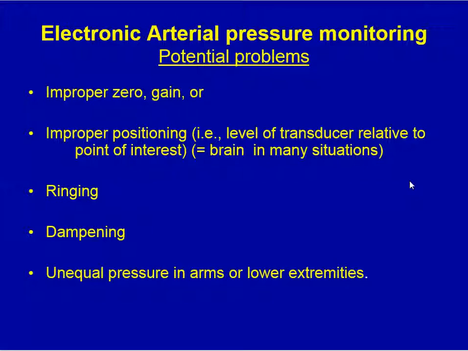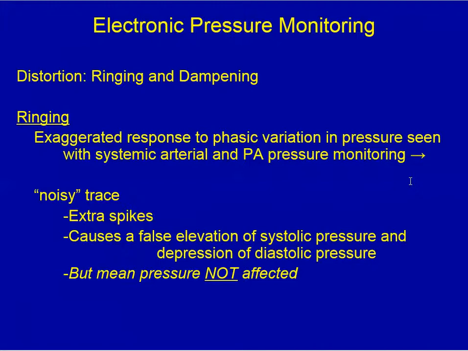One is improper zeroing and setting of the gain, which I've talked about. Second, and very important, is improper positioning, which I've mentioned on several occasions. And the other two are the problem of ringing and damping. Ringing refers to an exaggerated response to phasic variation in pressure, and it's seen with both systemic arterial and pulmonary artery pressure monitoring.